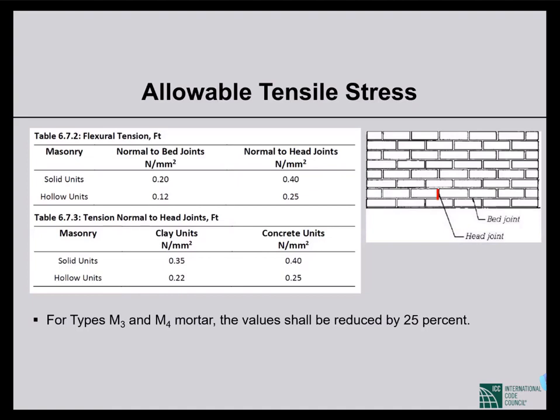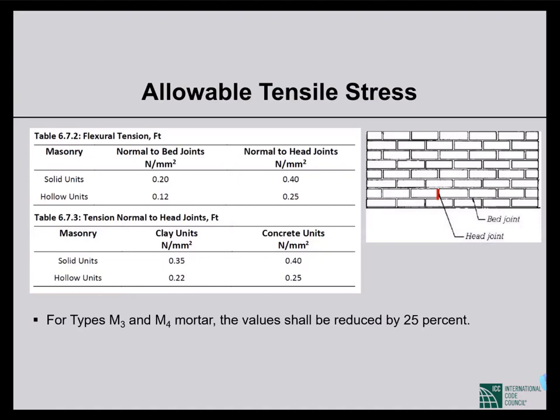Okay. And for M3 and M4 type mortar, so you remember there were 6 grades, grade M1 to M6. So for M1, M2, the cement to sand ratio is 1:3 and 1:4. For those types, M1, M2, these are the allowable stresses.